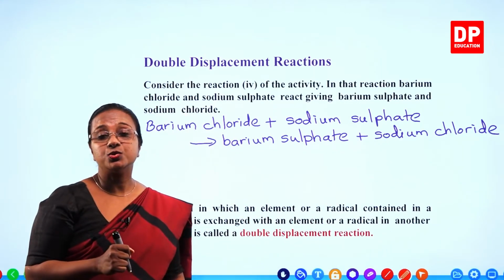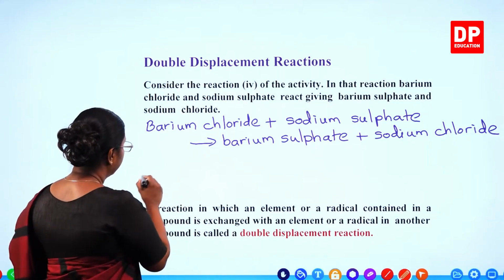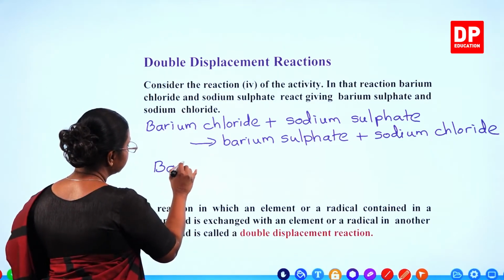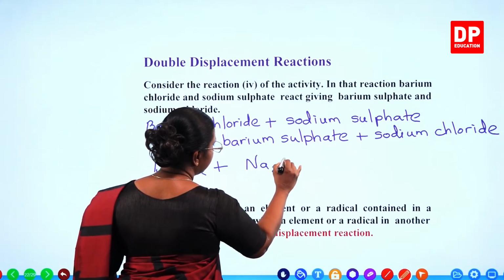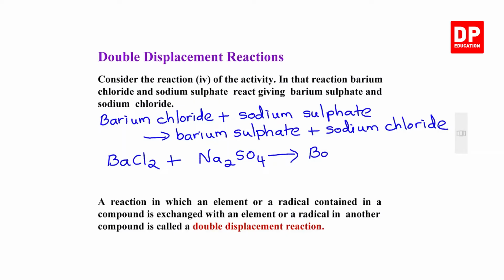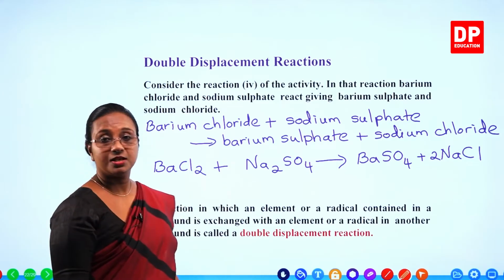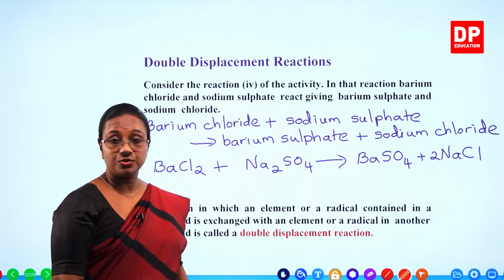Barium chloride and sodium sulfate react to form barium sulfate and sodium chloride. So, barium chloride is BaCl2 plus sodium sulfate is Na2SO4 giving rise to barium sulfate BaSO4 plus sodium chloride NaCl. We will need to have 2 NaCl. So, barium chloride plus sodium sulfate giving rise to barium sulfate and sodium chloride.